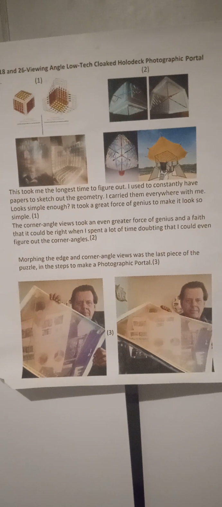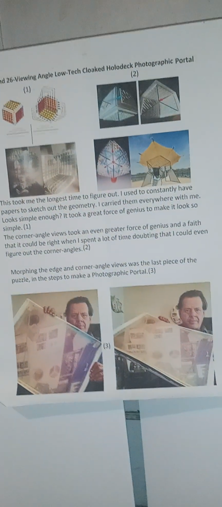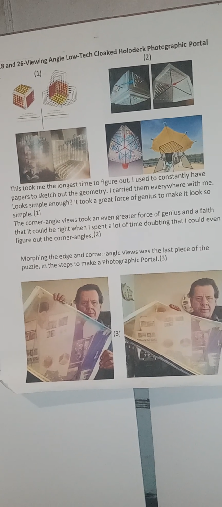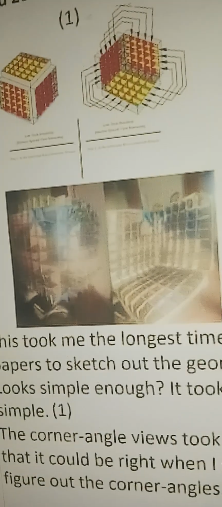Using the terms of today's theoretical physics, there are two dualities within my models of both the photographic and televisual portal. The first duality is between the invisible and the holodeck.